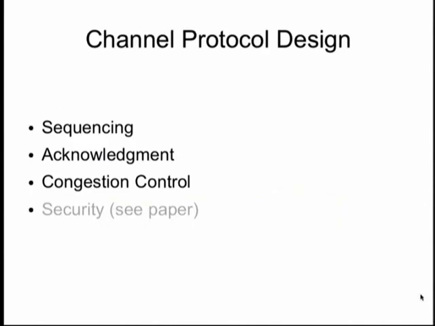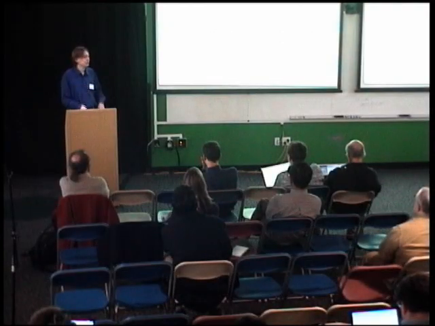So I'm just going to touch on a few highlights on the channel protocol before diving into the stream protocol, which is, I think, the most interesting part as far as what's unique with SST. So I'm just going to introduce the aspects of the channel protocol that are important to understand how SST works.